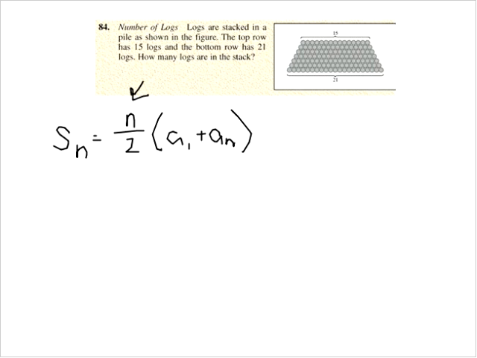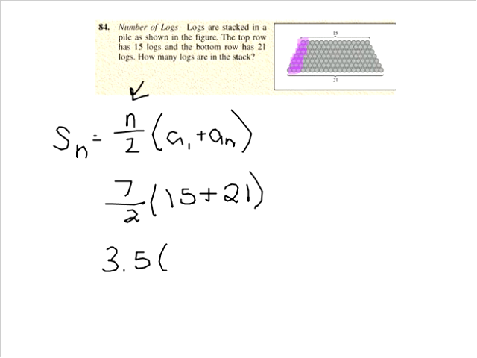There are 1, 2, 3, 4, 5, 6, 7 rows, so n is 7. In the first row there are 15, and in the last row there are 21. Simplifying this, we get 3.5 times 36, which gives us a total of 126 logs.